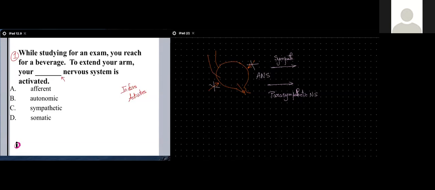What part of the nervous system is going to be activated? So this is first question today for the in-class activities. What do you think?